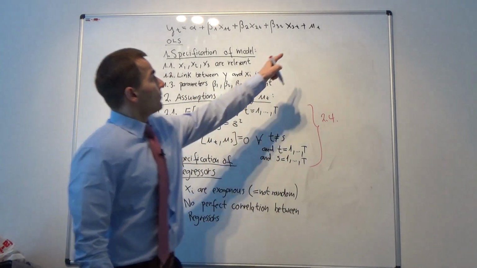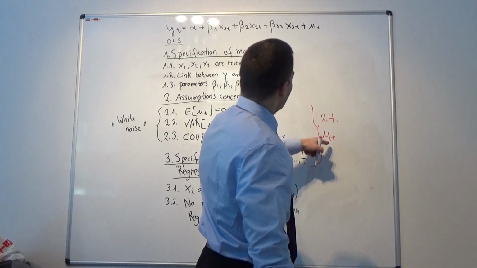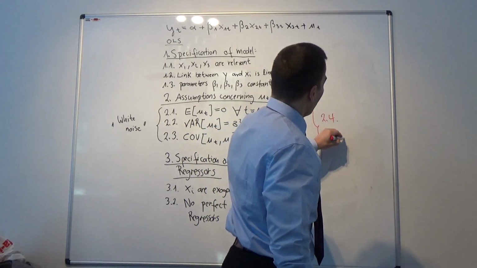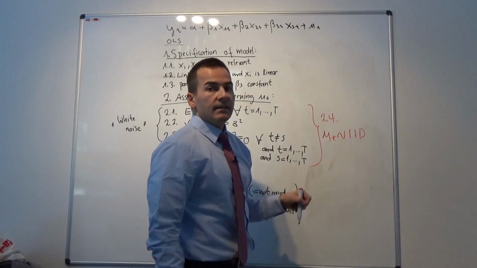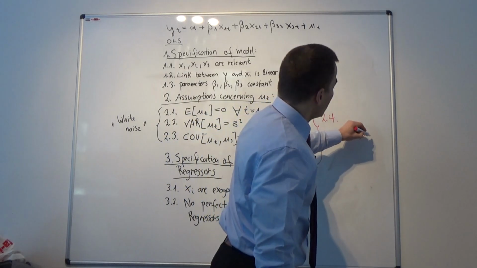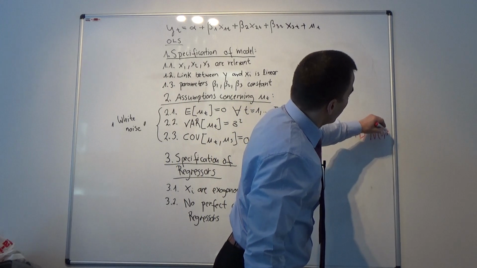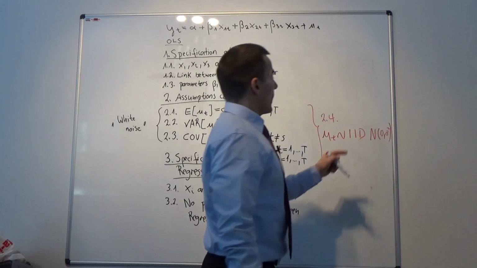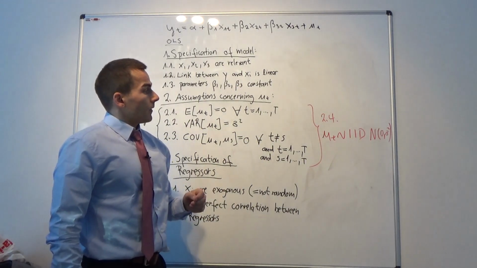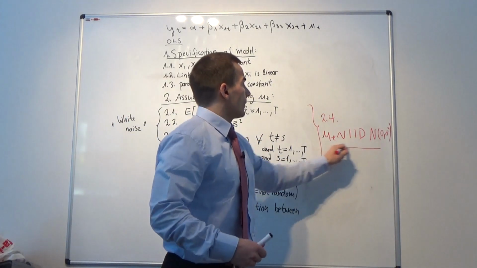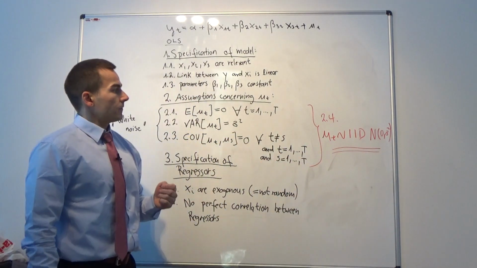So we assume that our error term, u_t, follows an independent identical distribution, and this distribution is normal with zero mean and sigma square variance. This is an important assumption in order to derive the statistical tests.